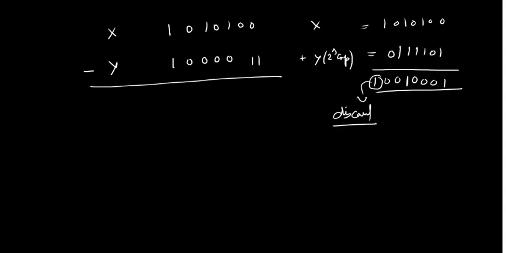Similarly, you can do the subtraction in the binary domain. X is this and Y is this number, 1000011, and we want to subtract it.